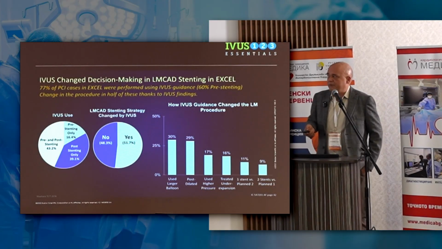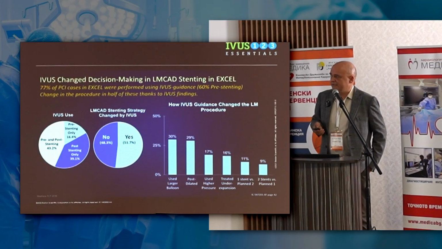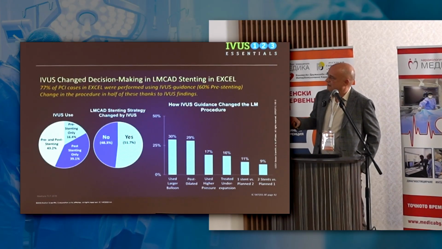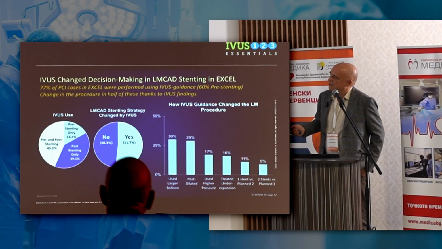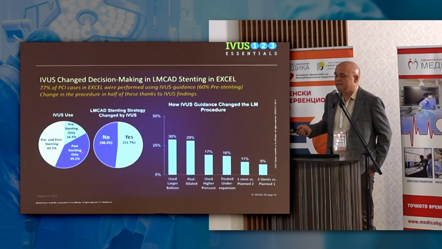We are all aware of the EXCEL study, which is the largest randomized study comparing PCI versus CABG for left main disease. And on this left side, you see the percentage of IVUS performed in the study.